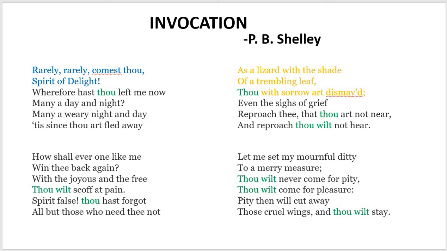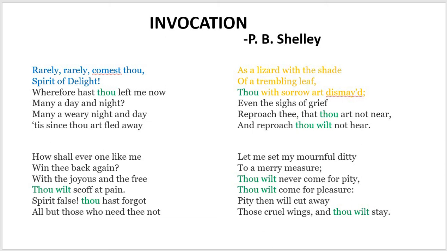Here, the poet, by employing a realistic simile, states that the spirit of delight avoids a man who is sad and despondent, just like the lizard, which tries to avoid the trembling shadow of a moving leaf. Even the sighs of a sorrowful man produce no sympathy in the spirit of delight.